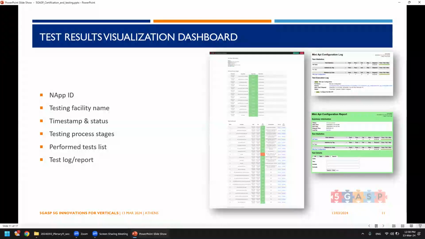Then the performed test list, as you can see on the screen, and each test presented here offers a specific, unique, discrete test log and report, so someone can reference it to see what went wrong in the specific test.